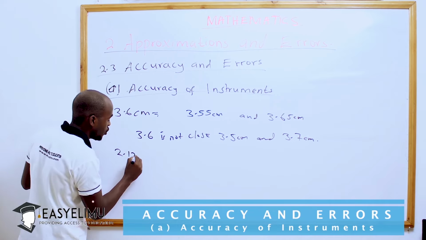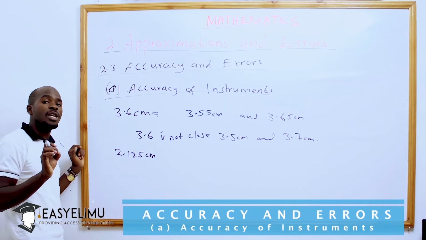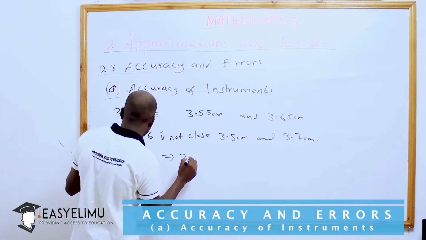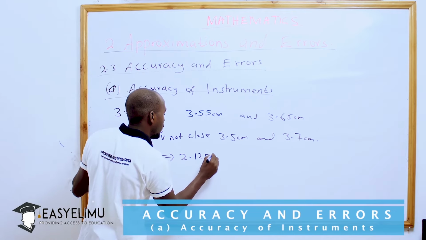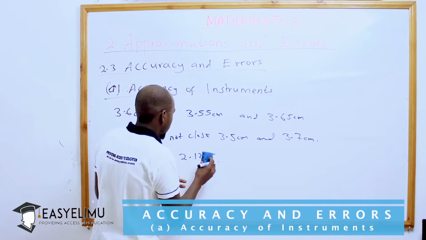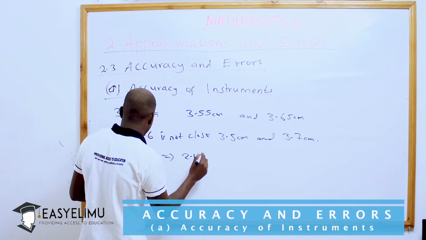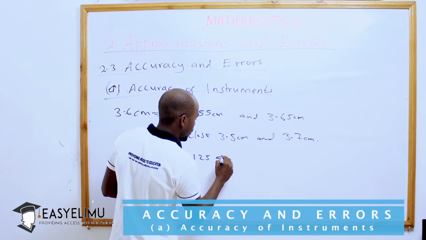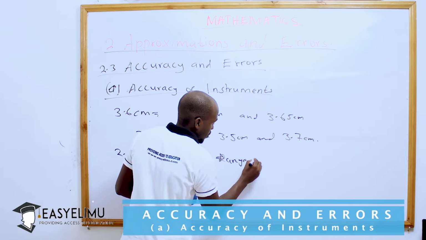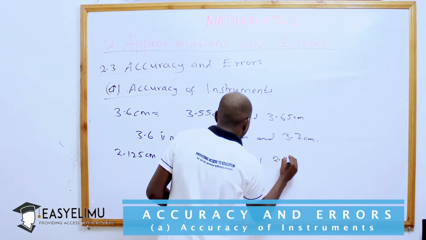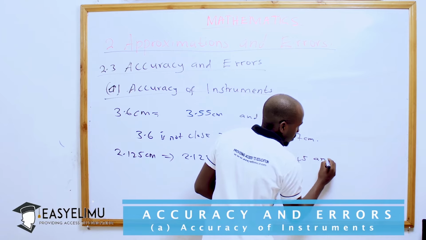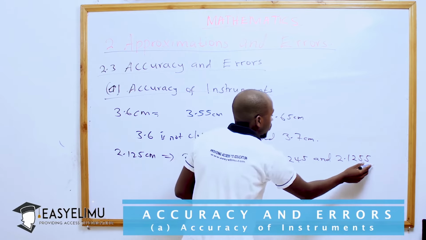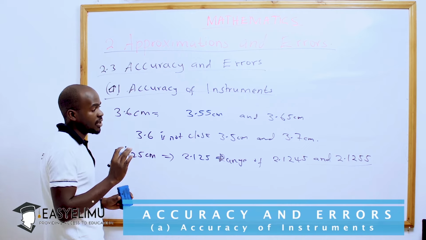And if you have 2.125 centimeters for an object measured by a vernier caliper, it just means that this object is within the range of 2.1245 and 2.1255.